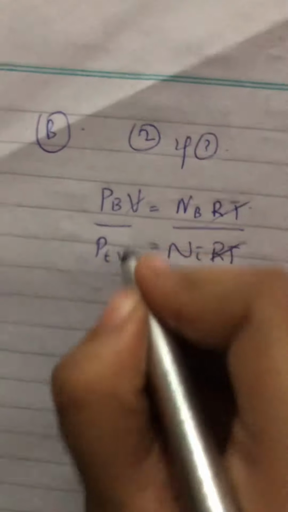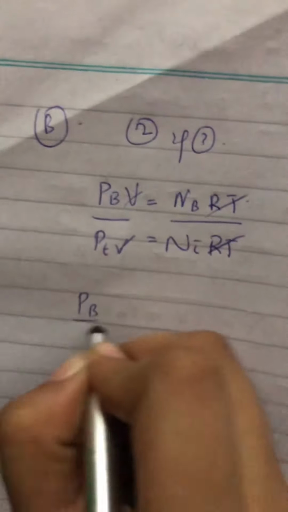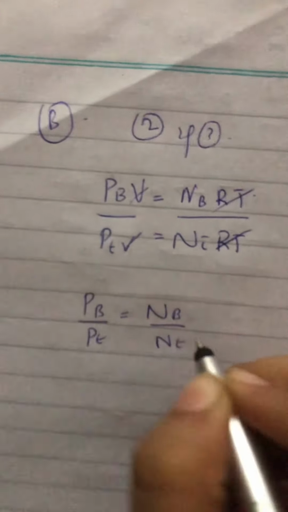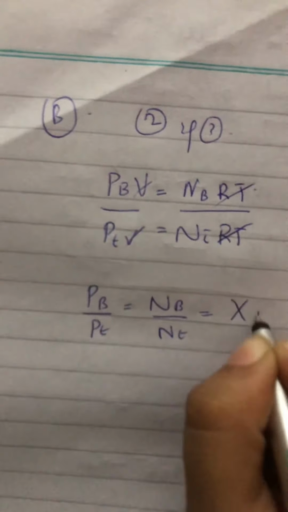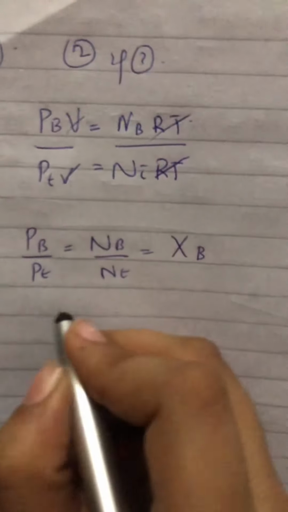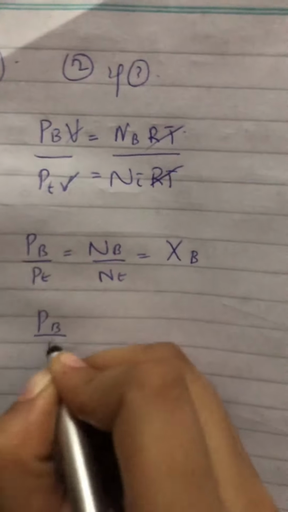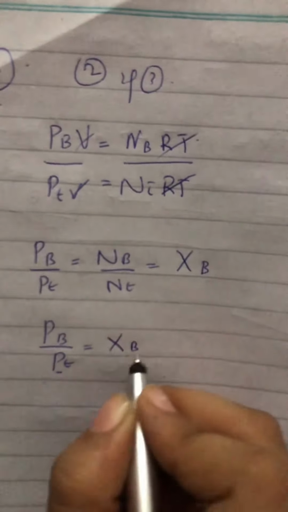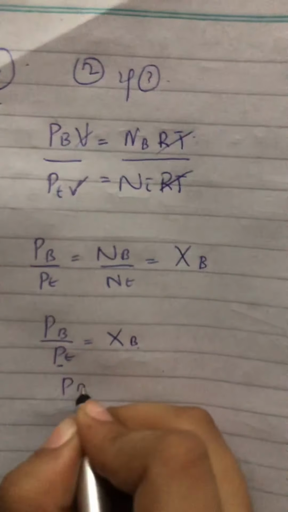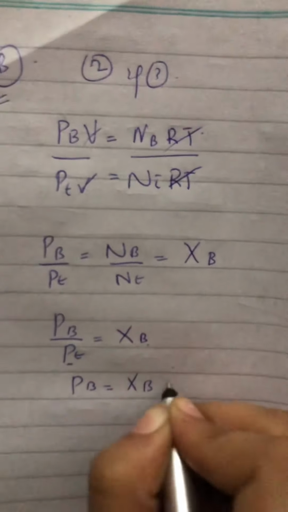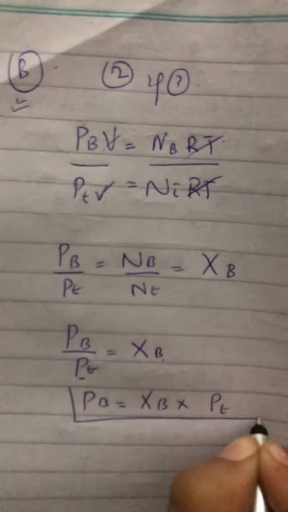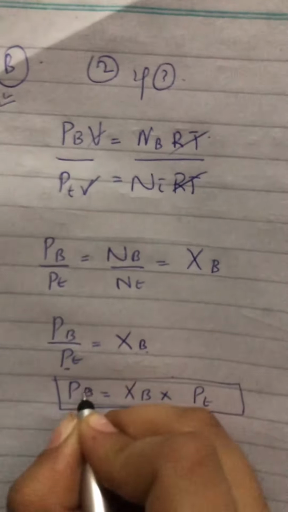RT cancels RT, V cancels V. PB upon PT equals nB upon nT. Now this is the mole fraction, xB, because here we are finding about B, right? So PB upon PT equals xB, so PB equals xB into PT. So here we can find the partial pressure of gas B.